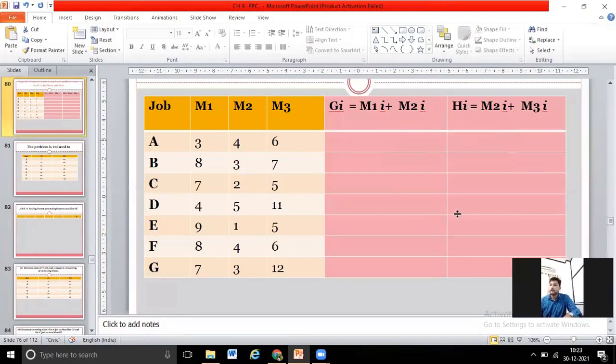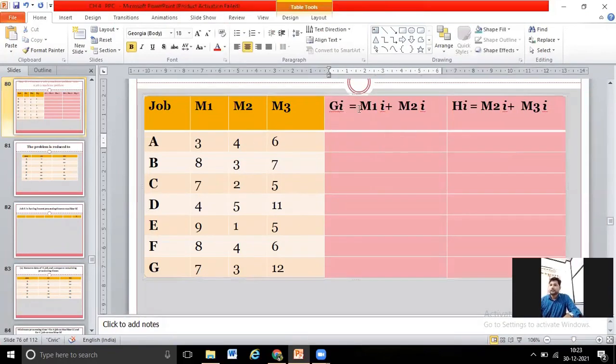Okay, now here G_i is equal to M1_i plus M2_i, means for a particular job, processing time on one machine. Here 3 plus 4 is equal to 7. So M1_i is the processing time on M1 machine, and M2_i is the processing time on M2 machine.